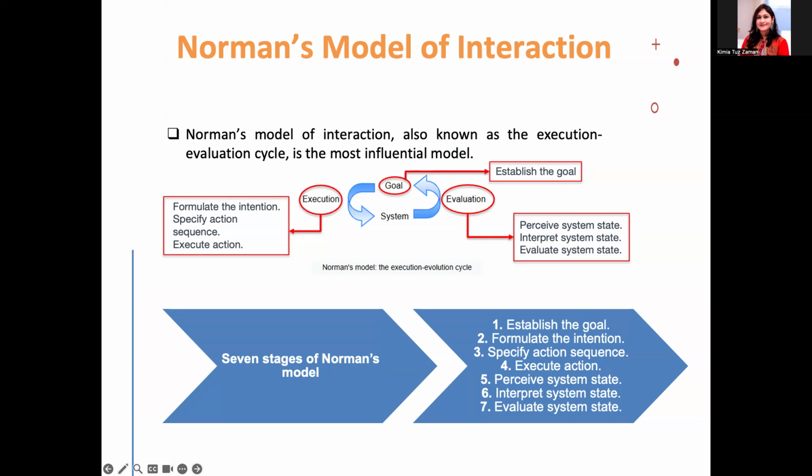When the actions have been executed, the system reflects the output on the interface. The user observes the interface and evaluates whether the output is same as the goal. If the goal is achieved, the cycle stops. Otherwise, a new goal is formulated and the cycle is repeated until achieving the goal.